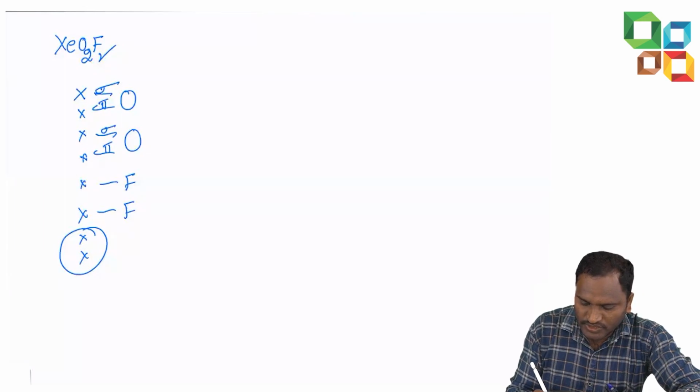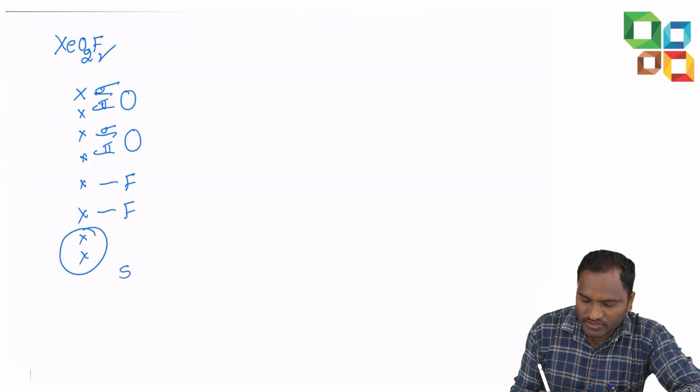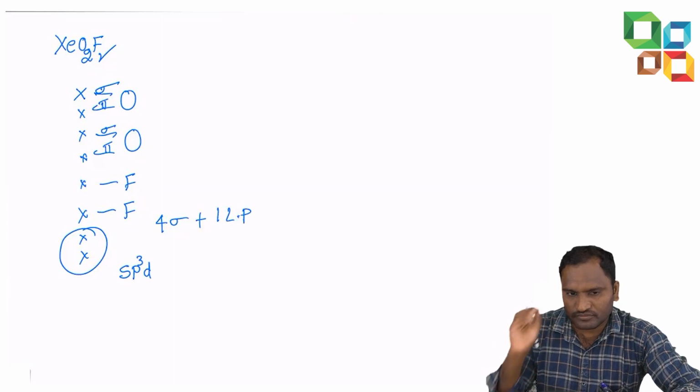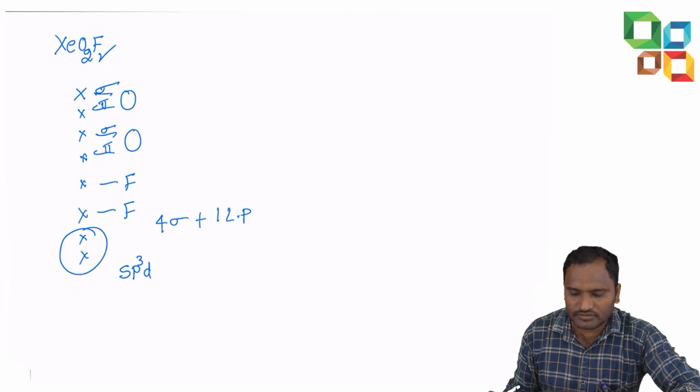So 4 sigma bonds plus 1 lone pair, total 5. What is the hybridization? sp3d.